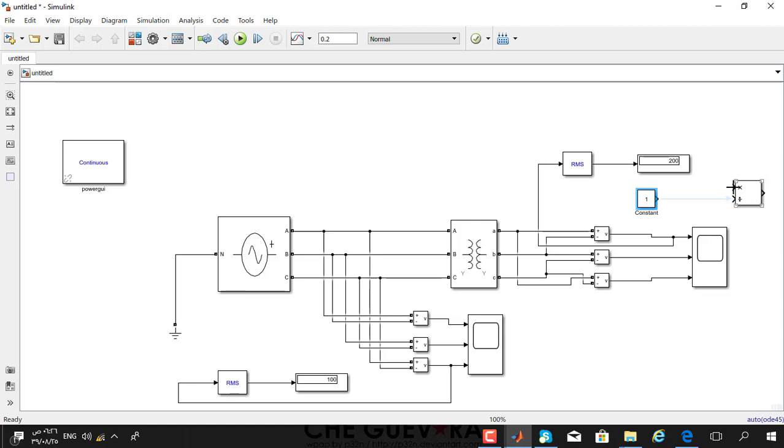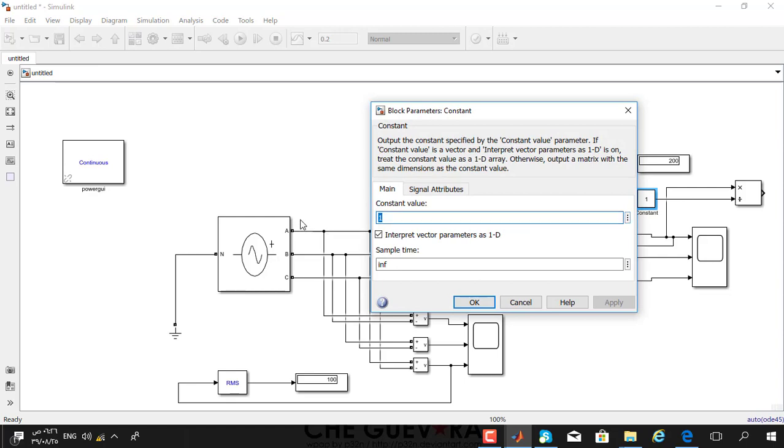First we connect the line voltage, and we connect the division part to the constant, and we edit the constant value. Double click on it. We make it square root of 3, SQRT of 3.